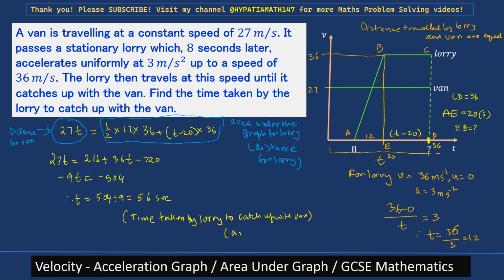It is not really 56 minus 8, because we are working out the entire time from the start, when the van starts to move, traveling at a constant speed. That's why we take 56 seconds as the time. So that's the answer, really.